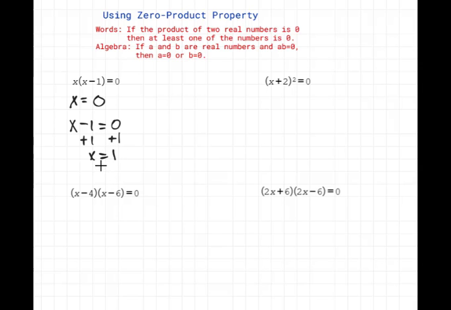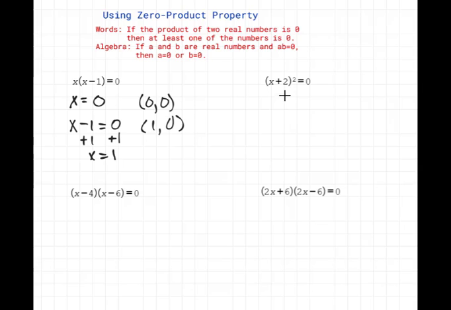If I were to graph this, what this is telling me is that for the first one, when x is 0, y is 0. And for the second one, it would be when x is 1, y is 0.